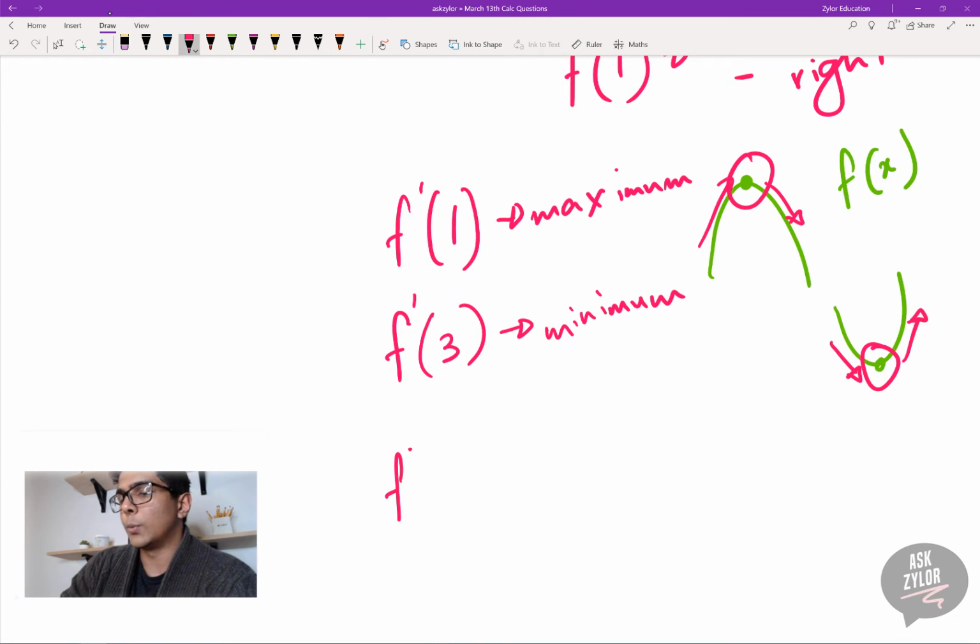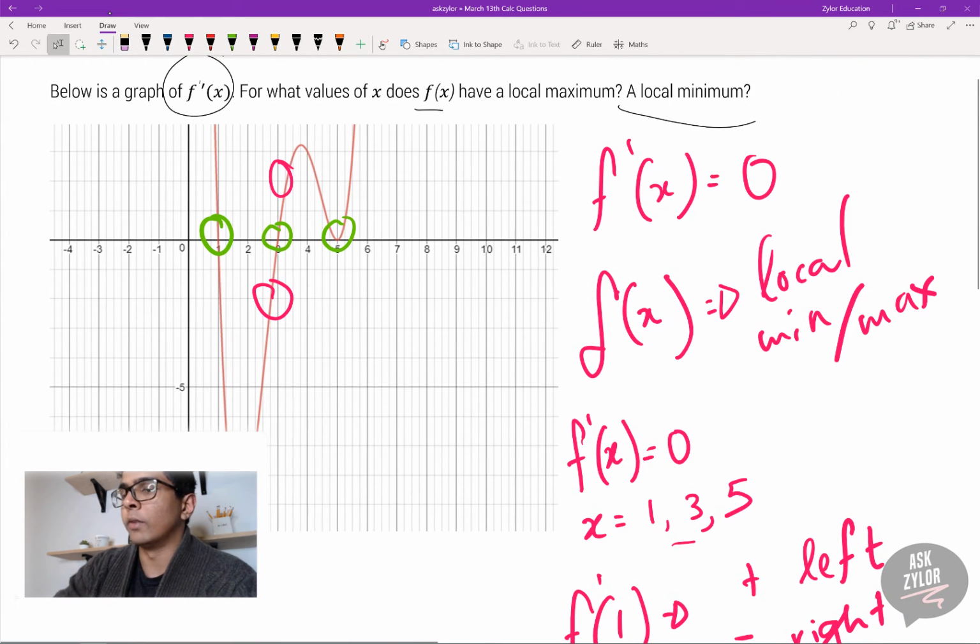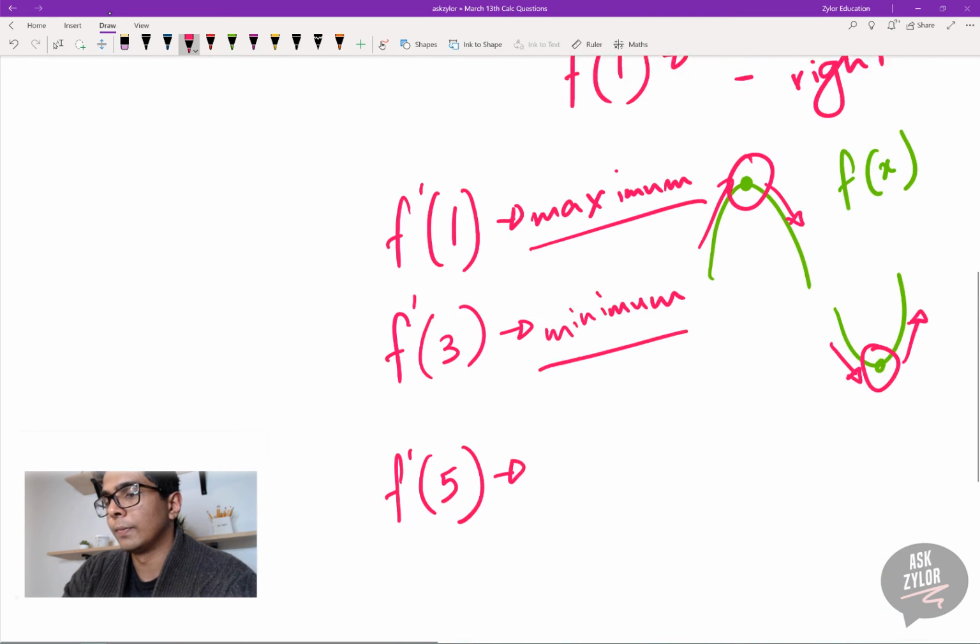So we have one last point to check, so f prime at 5. So we found a maximum and minimum already. So at f prime 5, what happens? On my left side I have a positive, on my right side I also have a positive, so there's no real change.